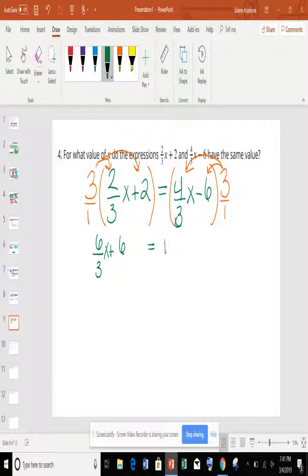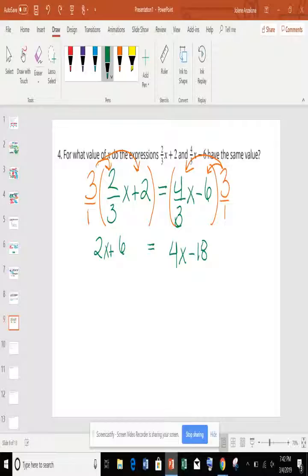Distribute the 3 on the right-hand side, becomes 12 over 3 x minus 18. 6 over 3 actually simplifies to 2. 12 over 3 simplifies to 4. And what you'll notice is if I would have cross-canceled, my 3's canceled and I was left with a 2. Be very careful if you're cross-canceling like this, because I don't want you to forget that you still have to distribute the 3 over to the 2. So be careful with the notation there.